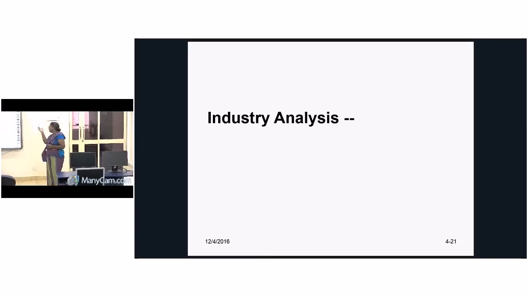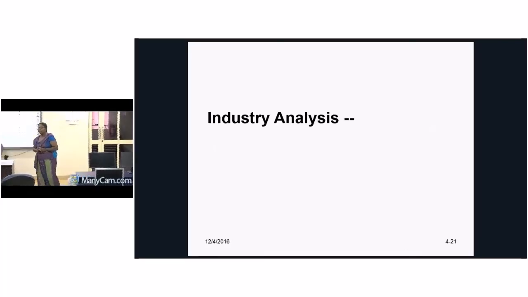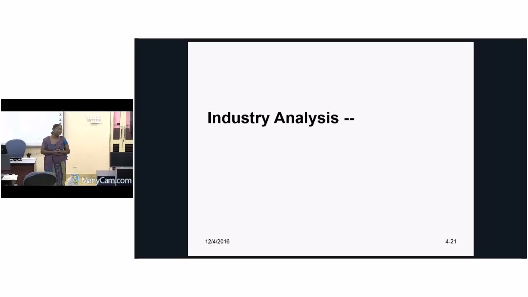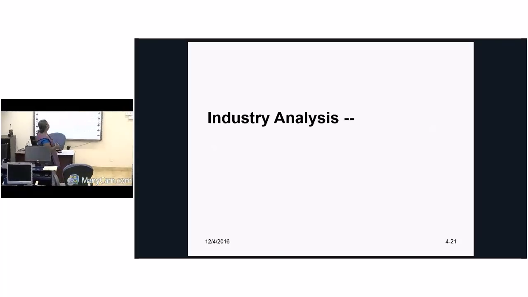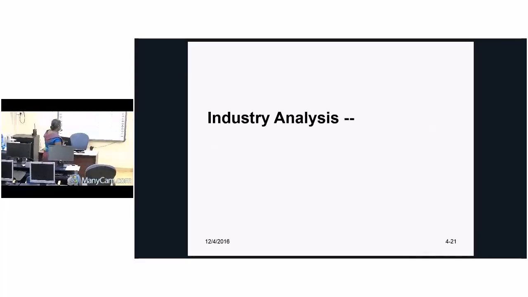It is one of the tasks you do under external environmental analysis, it is a part of the external environmental analysis, industry analysis, right? It is the term we use for analyzing industry behaviors.